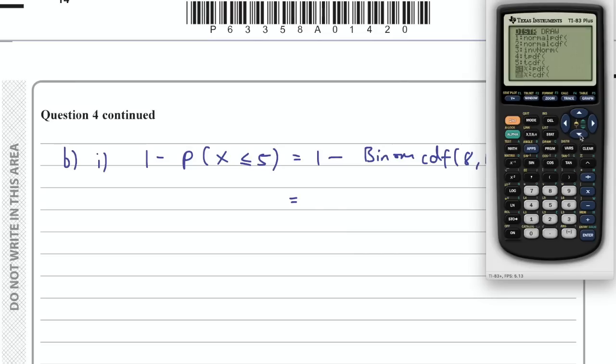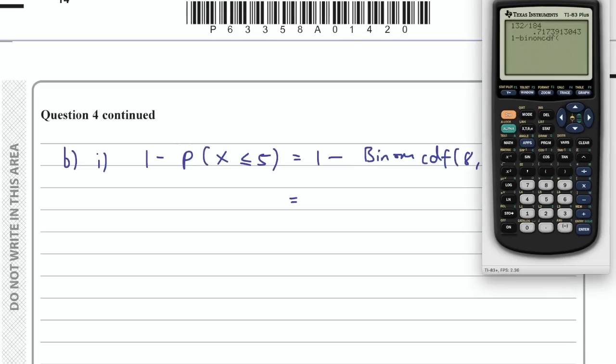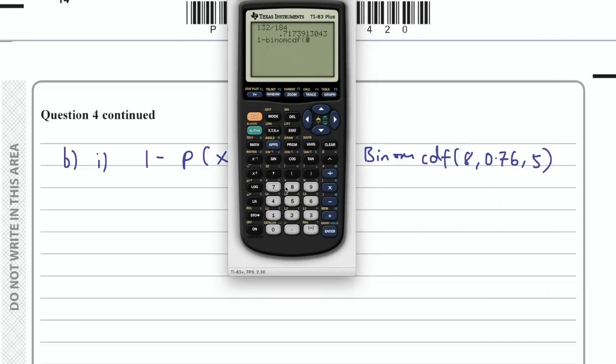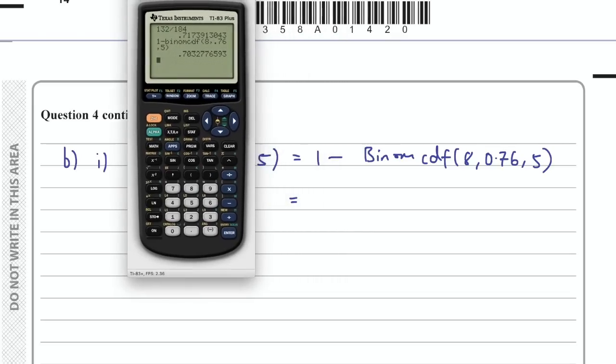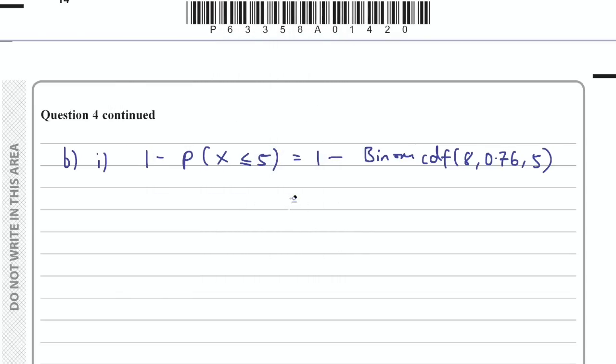So using the distribution function on my calculator, I have 8, 0.76, and 5 as my statistics. I get 0.703 rounded off to 3 significant figures.